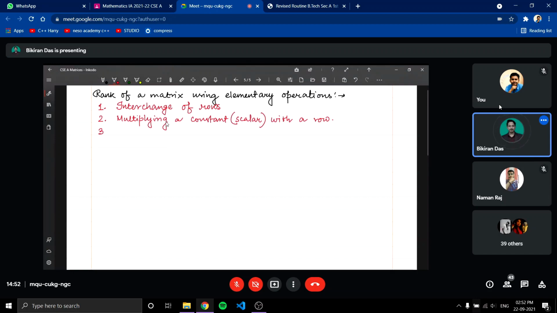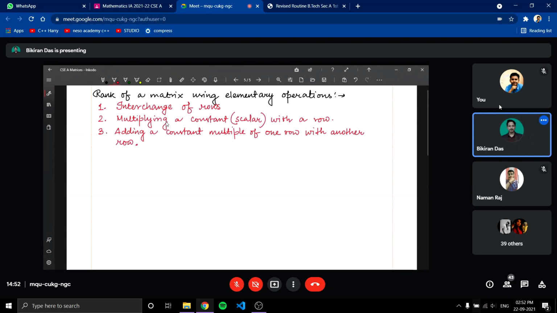Number three, adding a constant multiple of one row with another. Adding a constant multiple of one row with another.